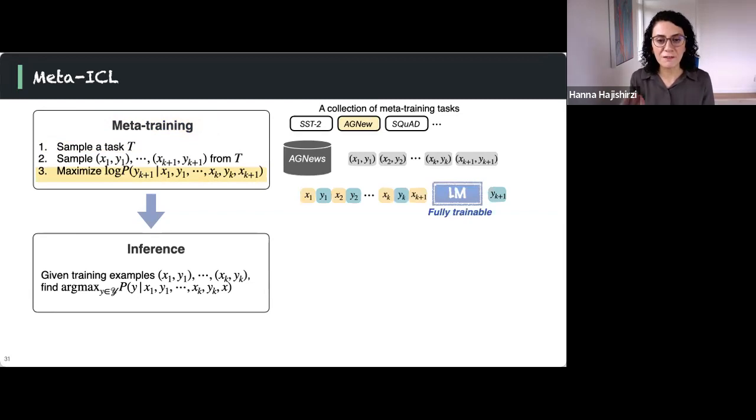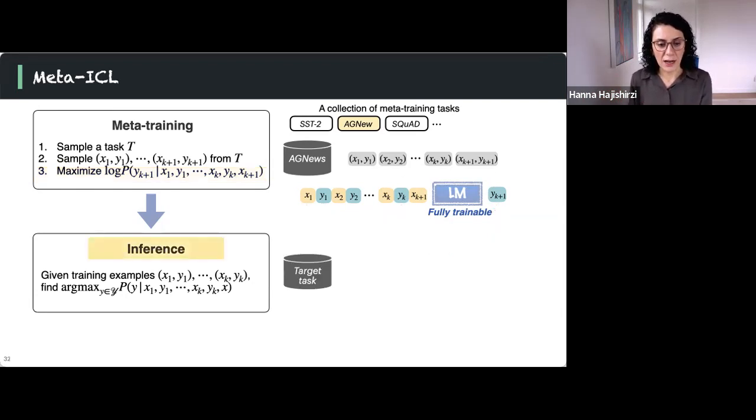Then it would look at a few examples from that task, in particular K+1 examples, which are all passed to the language model, where the goal now is to predict the K+1's label. Basically, all K examples will be concatenated to the K+1's input, and we want to predict the K+1's label, where this K+1's label acts as a test example, and the others all act as training examples.